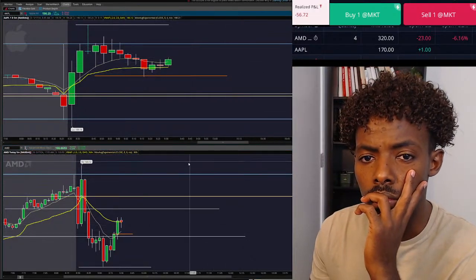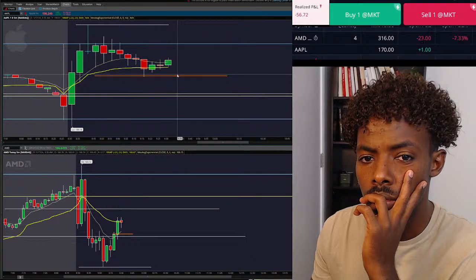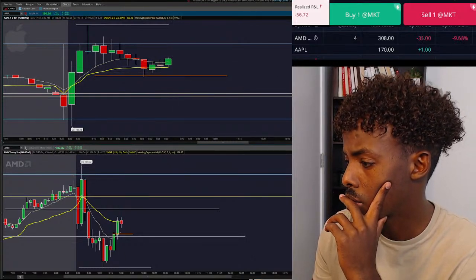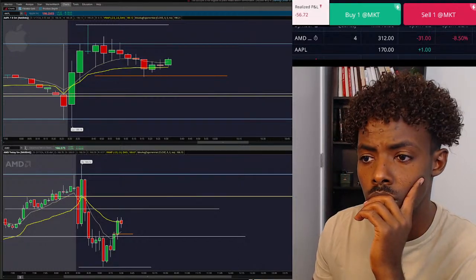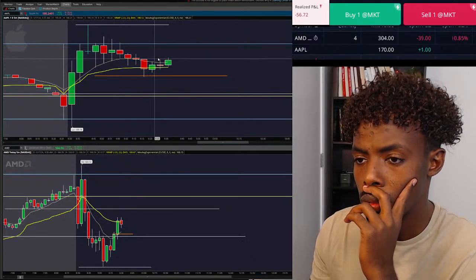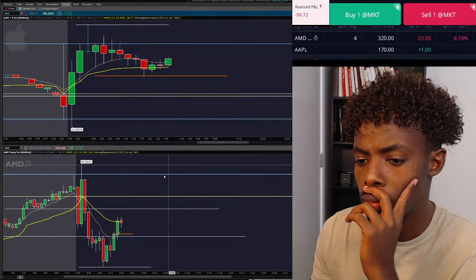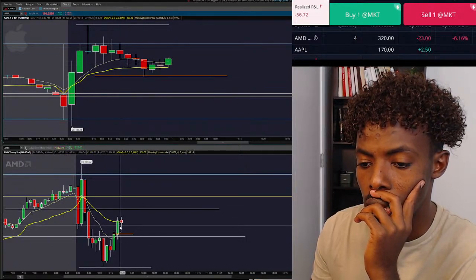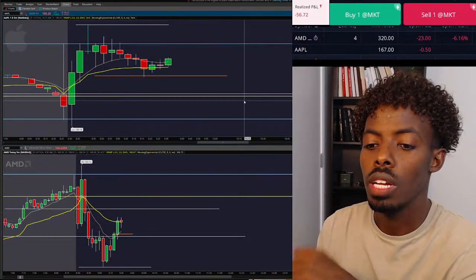Okay. Apple just trash right now. AMD dipped to the 80 EMA and it seems to be holding it, so we'll see what happens here.